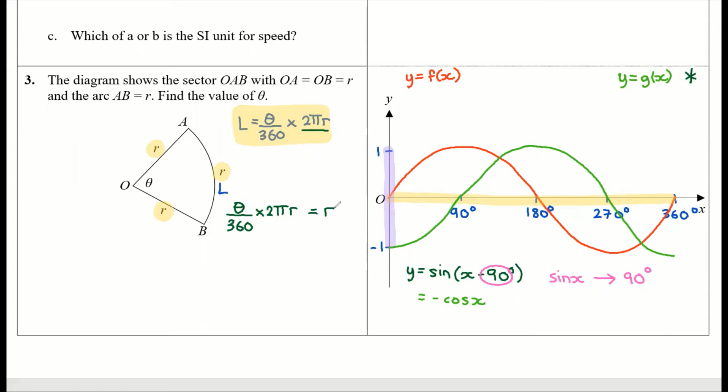And now I have to make theta the subject. But before I do that, let's just see if we can, is there any cancellation? Well, we can see that the 2 and the 360 are going to cancel. So the 2 here and the 360 will simplify. So I'm just going to simplify it first. I'll go back to blue as well. So theta over 180.